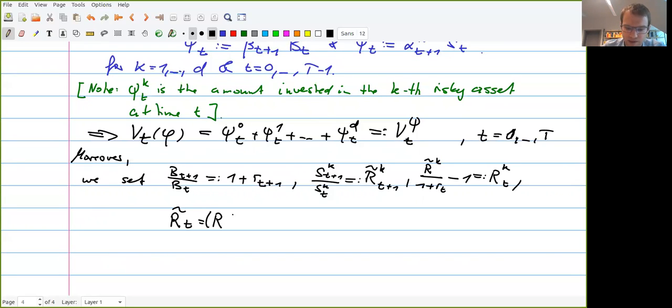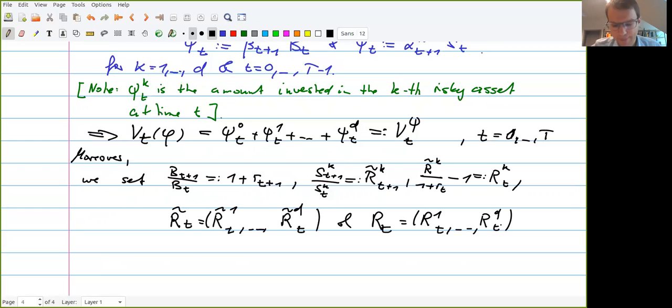If I drop the upper index, it is the vector consisting of all the random variables here, and the same for the return. These are of course also definitions, because we haven't used them yet.